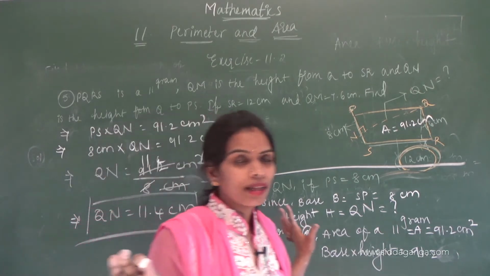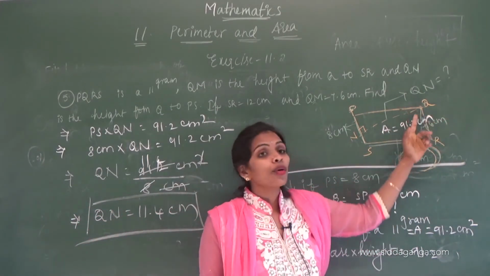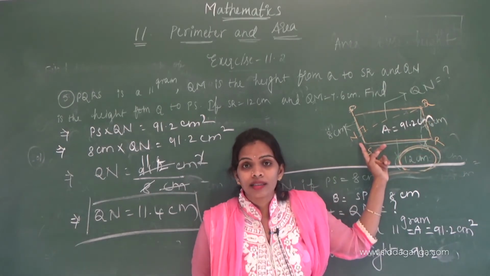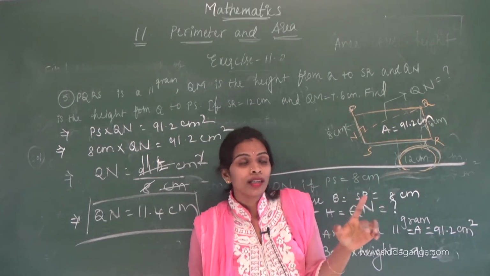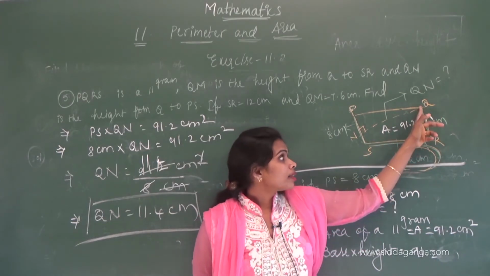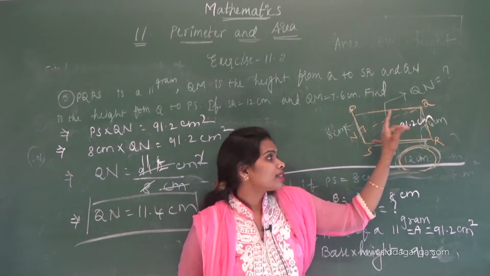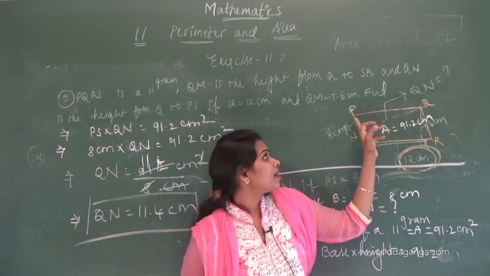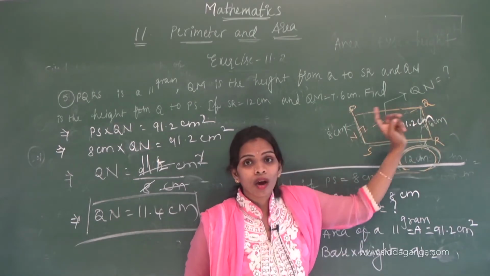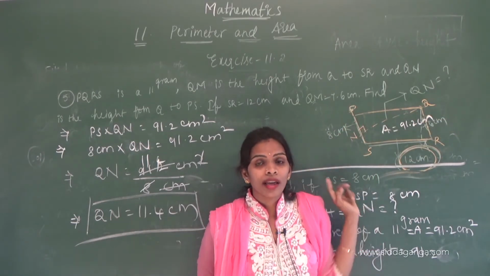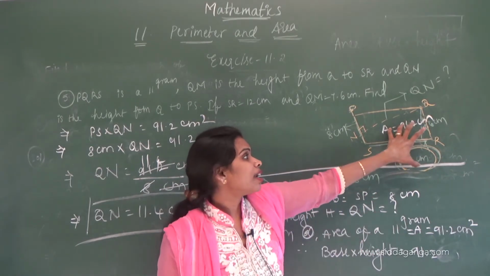What we have done in this problem is, just one parallelogram they have given. According to different bases, they are constructing the parallelogram. According to one logic, they have given that QN and SR are base and heights, and according to another relation, they have given this one and this one. QN are height and base of the triangle. In different situations, they are asking here to find the area.